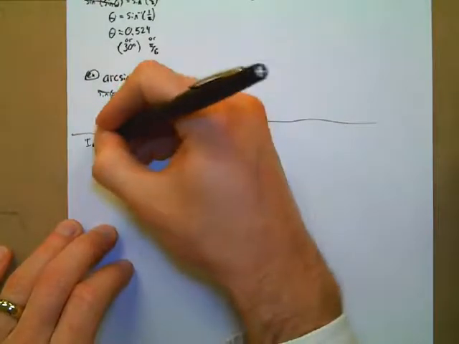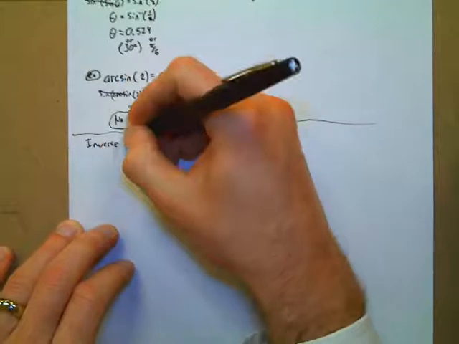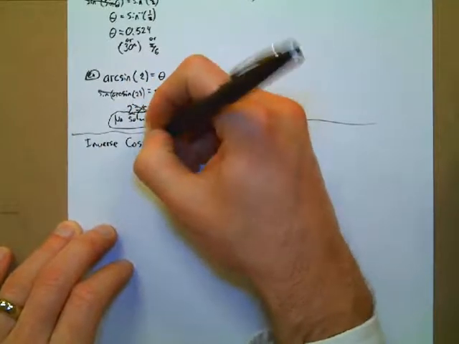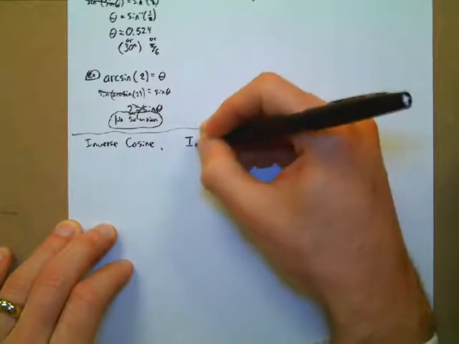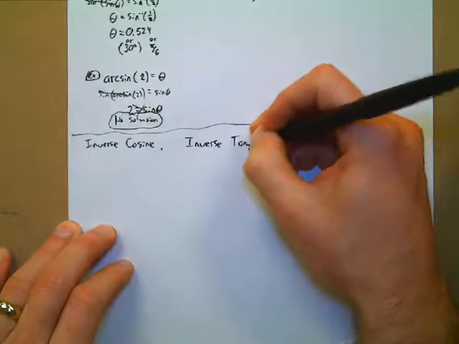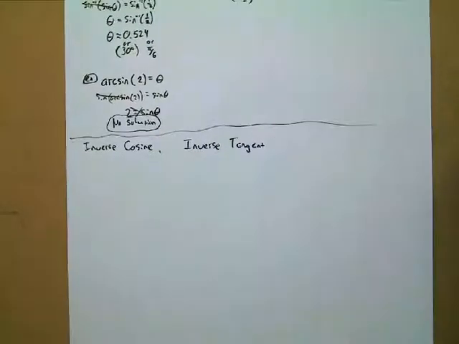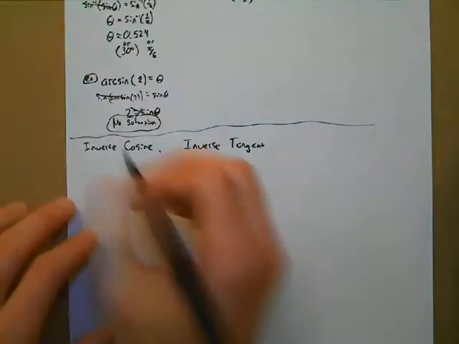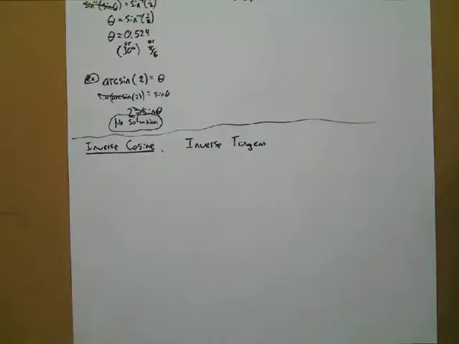For inverse cosine, the domain will also again be -1 to 1. The range will be 0 to pi.